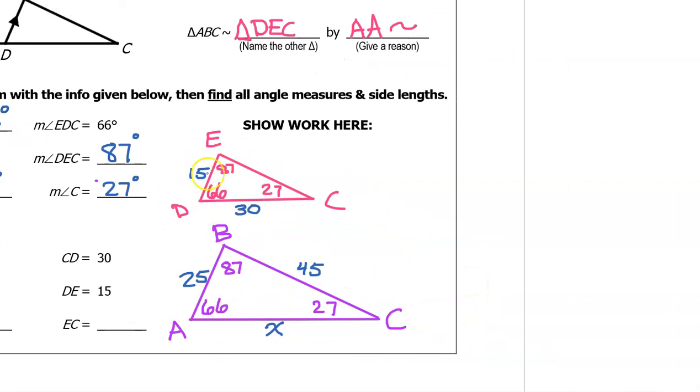I'm not going to bother coloring the corresponding sides with matching colors because the triangle is oriented the exact same way. So it's easy to see that the 15, you know what, I changed my mind. I am gonna color it because it's just so easy. Why not?